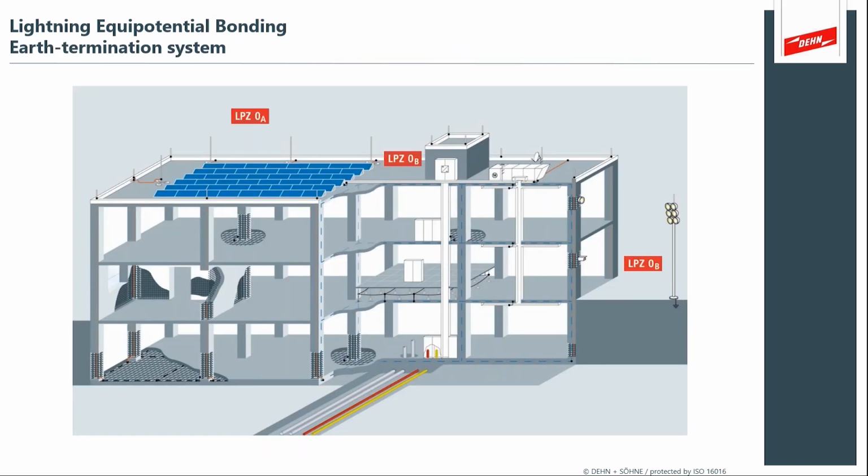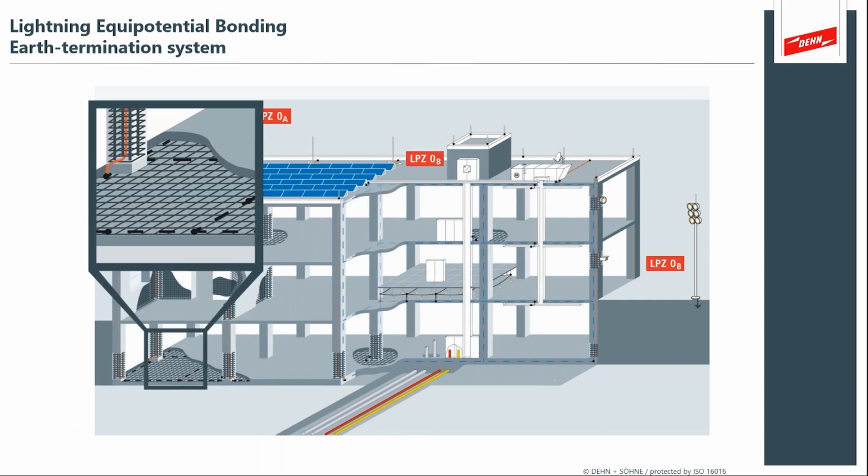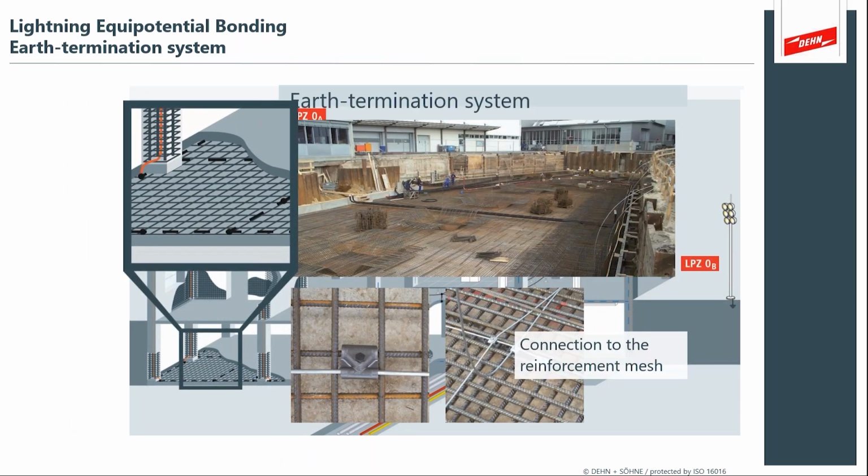And then we talk about lightning equipotential bonding. This is the other side of the coin, either separate it or bond to it. And what's nice about an image like this is you can see that all of the metal within this structure needs to be bonded together. And this is what you see within the buried rebar of concrete.